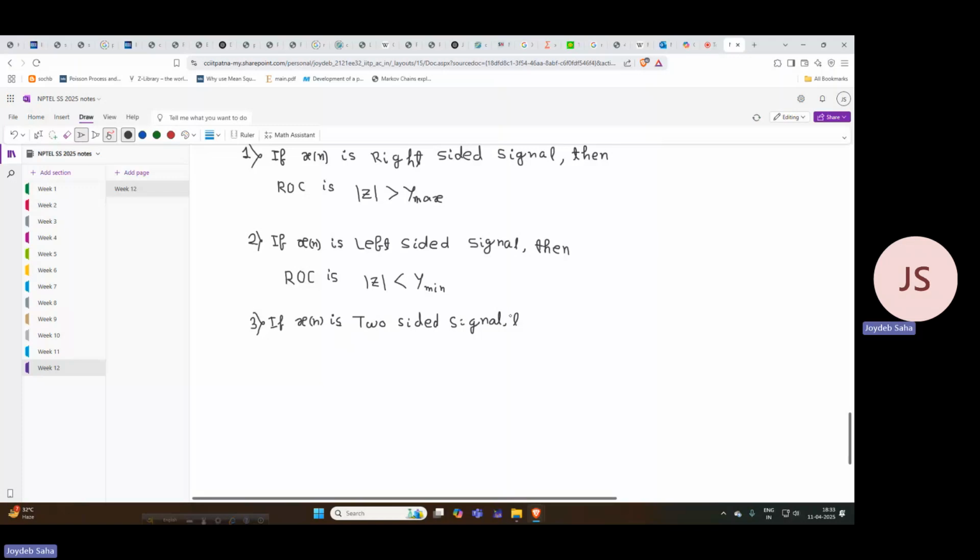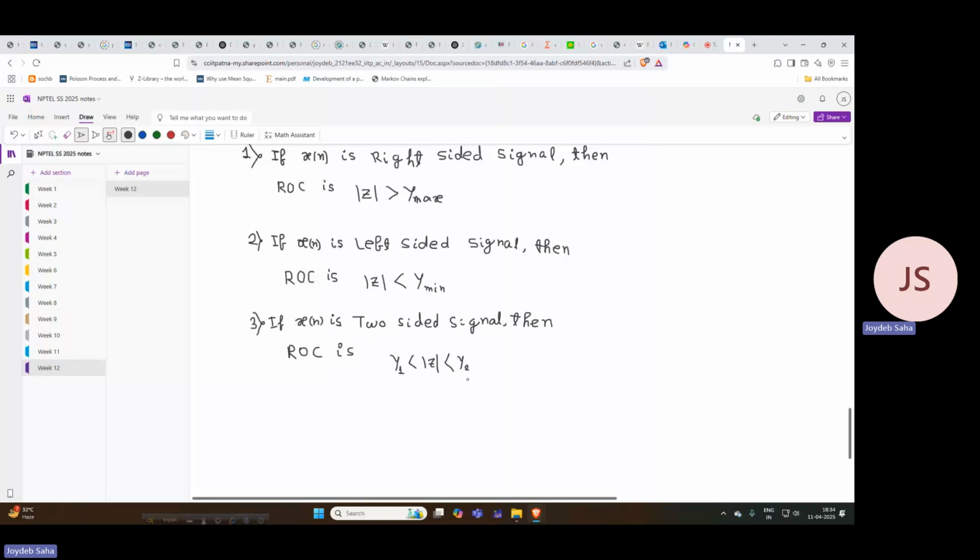then ROC is gamma 1 is less than mod z is less than gamma 2, where gamma 1 comes from RSS, that is right-sided signal, and gamma 2 comes from LSS, left-sided signal.